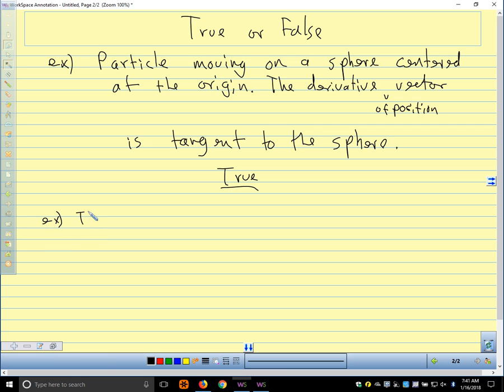The definite integral of a vector valued function is a real number.